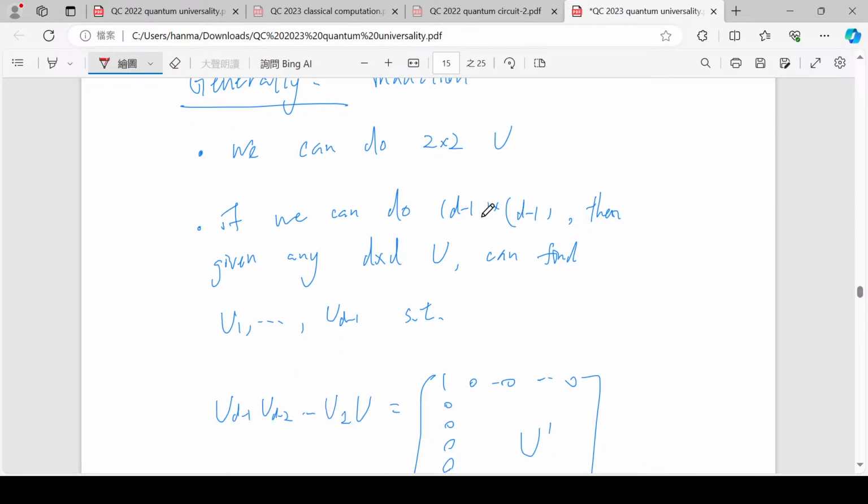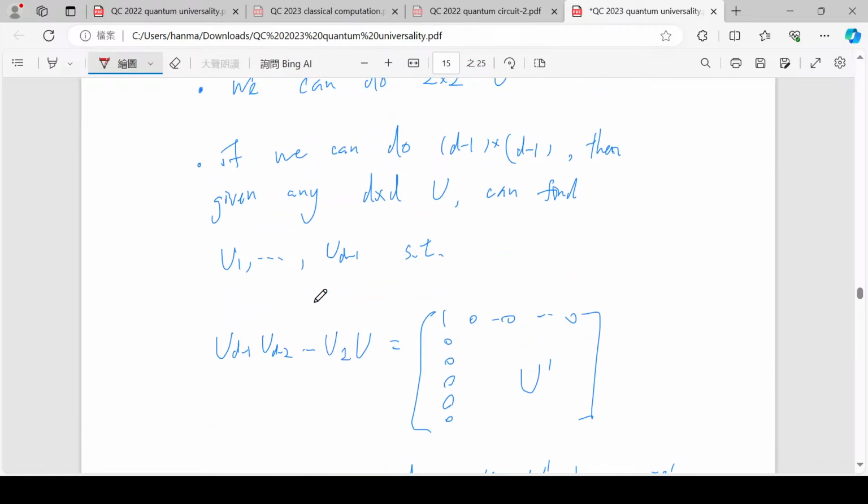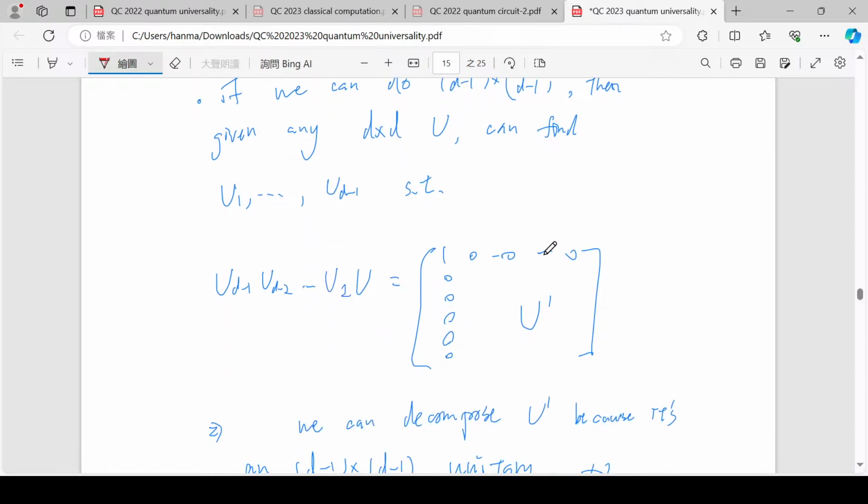Then, if you can do d minus 1 by d minus 1 unitaries, then given any d by d unitary, you can always reduce the problem, because you can get some U1 to U d minus 1 to do a Gaussian elimination kind of step. So you turn all those values to 0, and as we know, this will turn all those to 0 as well, because if this is 1, then all those must be 0.